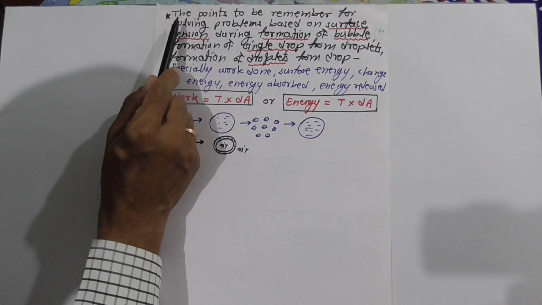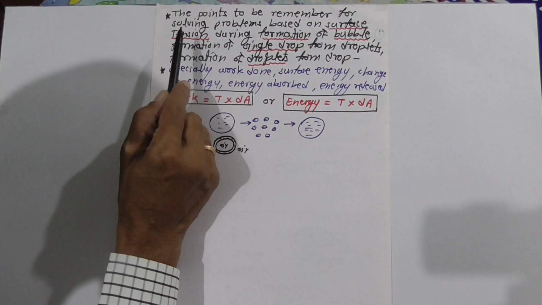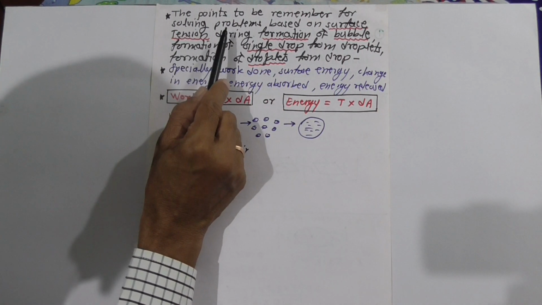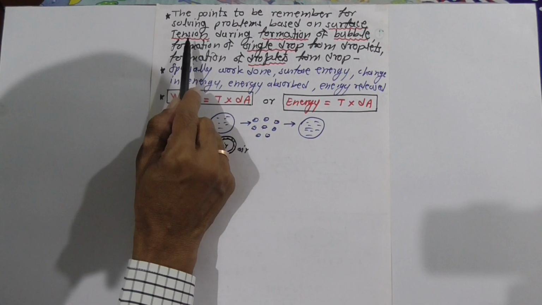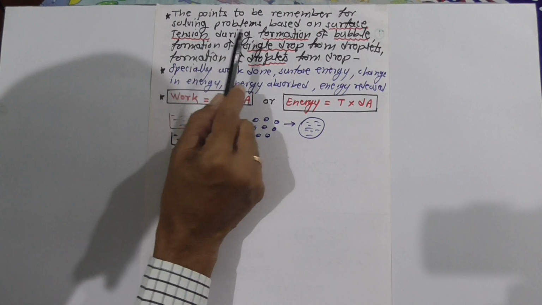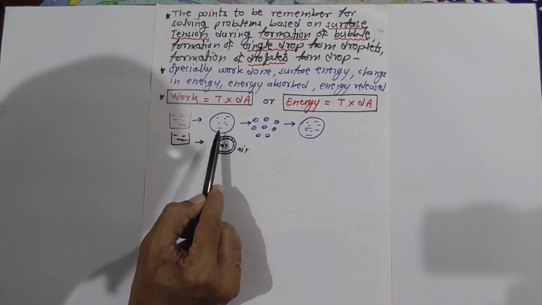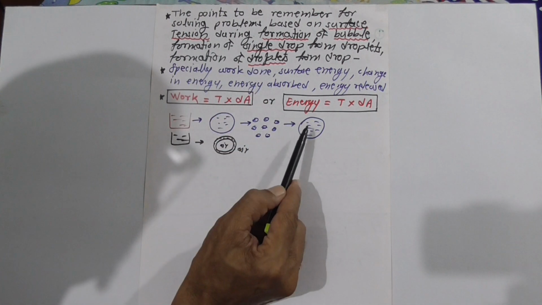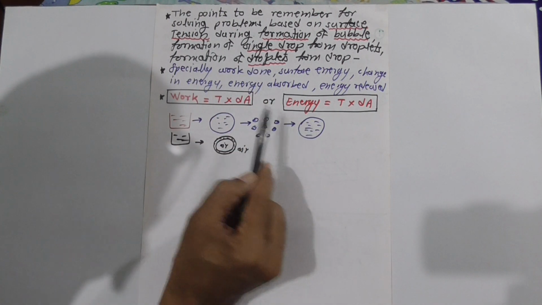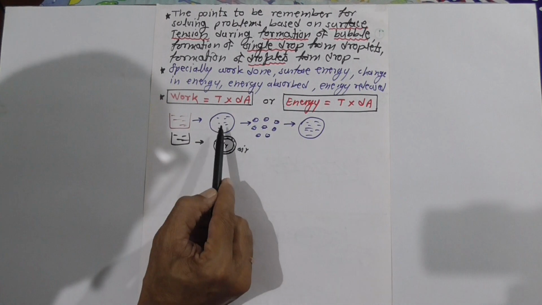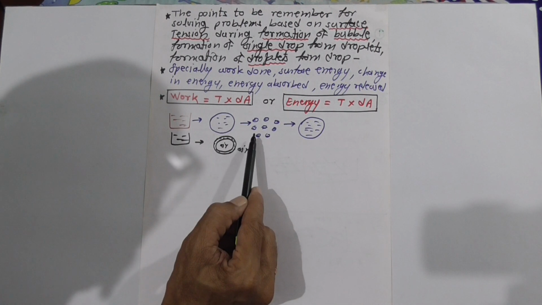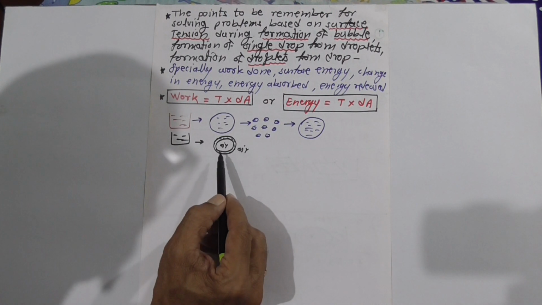The points to be remembered for solving problems based on surface tension are: formation of a bubble, formation of a single drop from droplets, formation of droplets from a drop, or formation of a soap bubble.